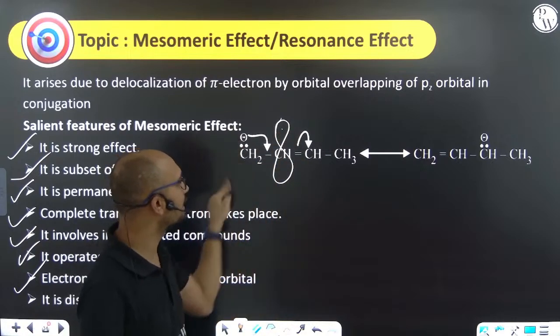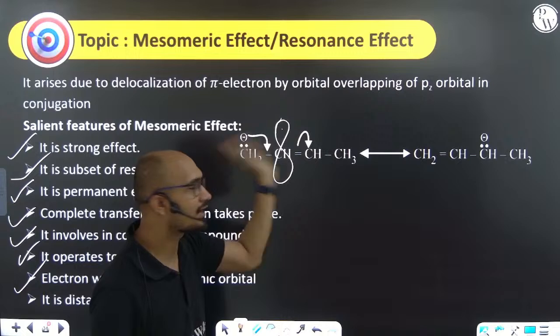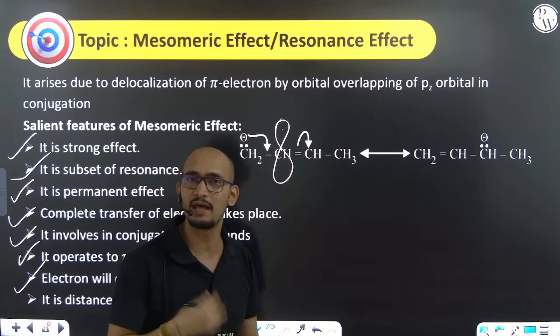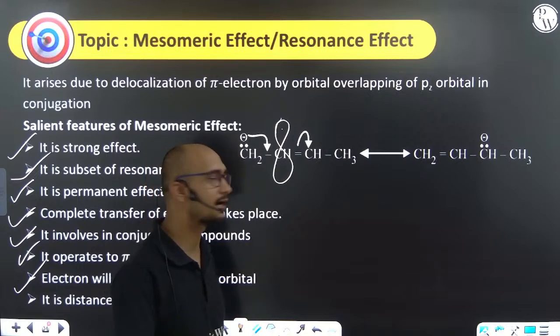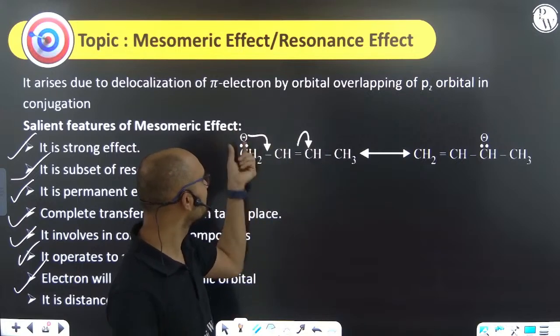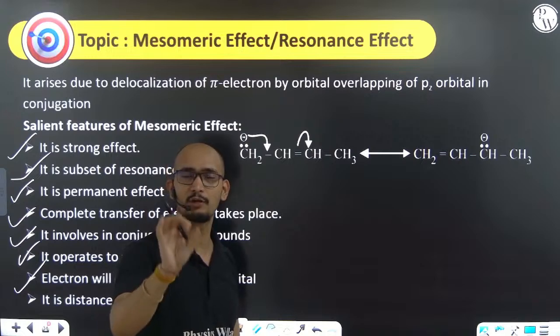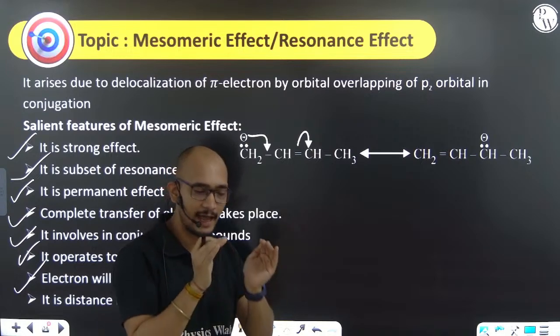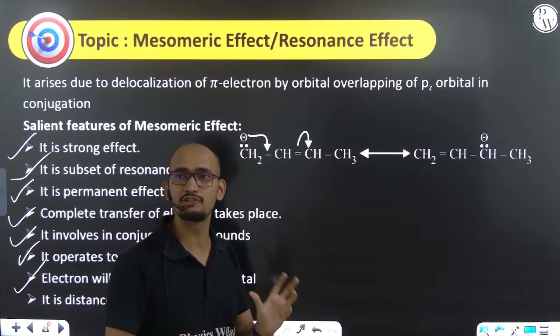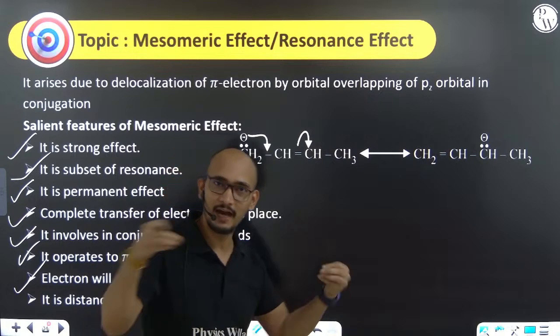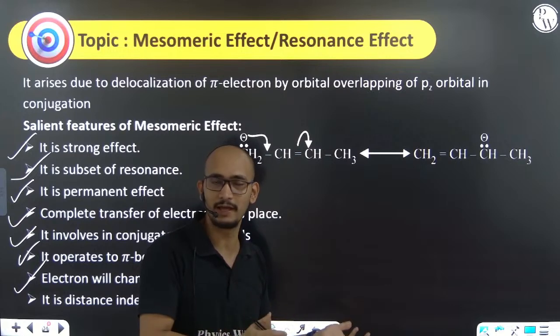As it overlaps, it will start transferring its electron, and in such a way the resonance phenomenon will start. You all know that any negative or positive charge at one center is very unstable, because it makes it very susceptible to being attacked by any nucleophile or electrophile.